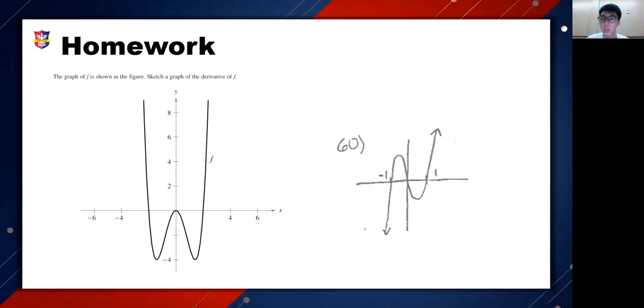So since the original function also crosses the origin, the derivative function should also cross the origin, right? By analyzing the graph, since it's decreasing first, it should be a negative slope, right?